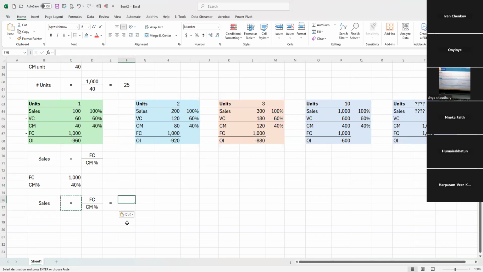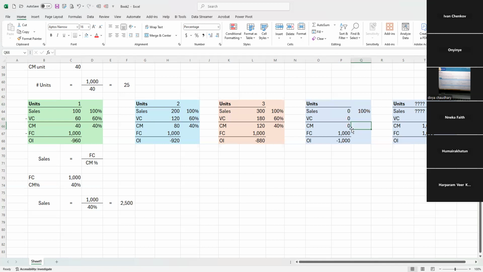My numerator will be 1,000 and my denominator will be 40%. So my calculation is 1,000 divided by 40%. How much do I need to generate? 2,500.